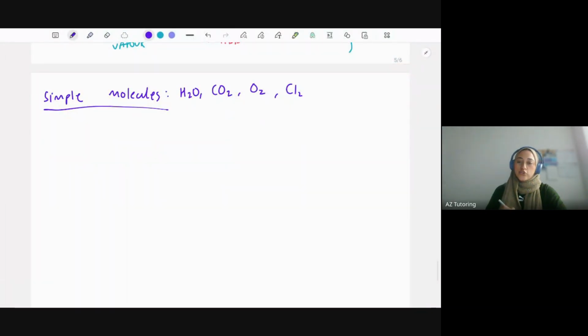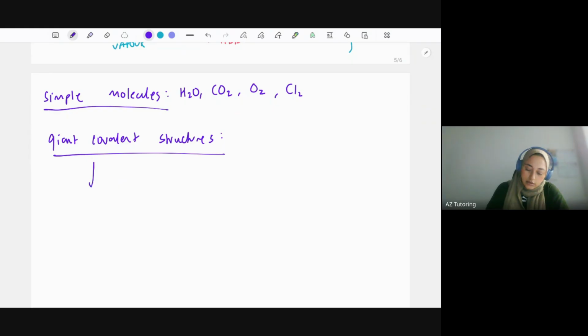Now, we've also got giant covalent structures. Sometimes they're called macromolecules, but we'll call them giant covalent structures here. And for GCSE, there's a few that you need to know about. We need to, first of all, know about the allotropes of carbon.